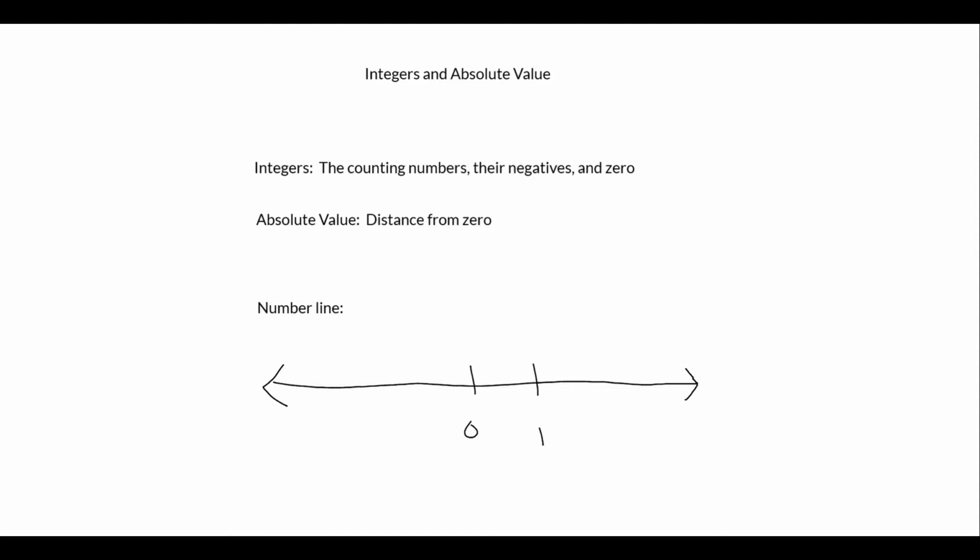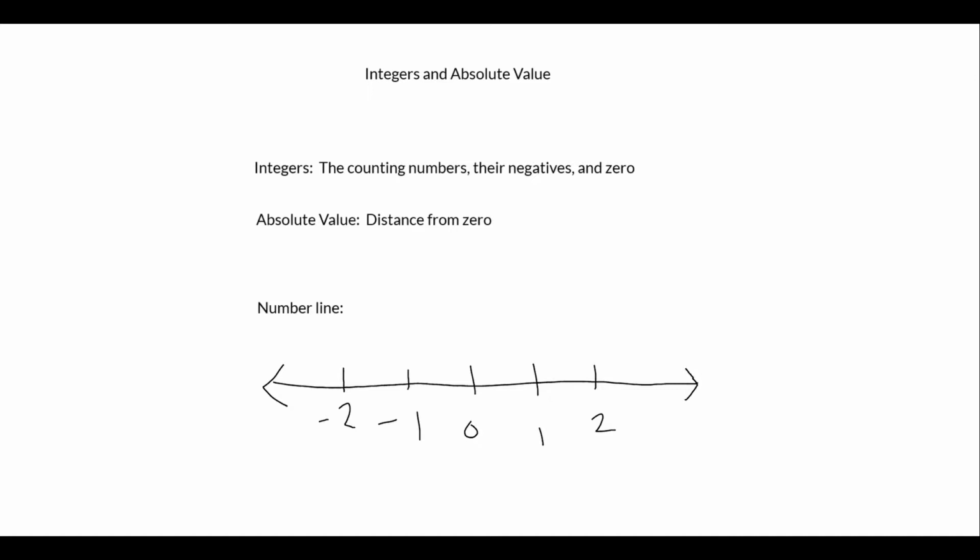And so 1, 2, -1, -2. Okay, so that's what a number line looks like. And each of those numbers, 0, 1, 2, -1, -2, those are all integers. And the absolute value is the distance from 0.